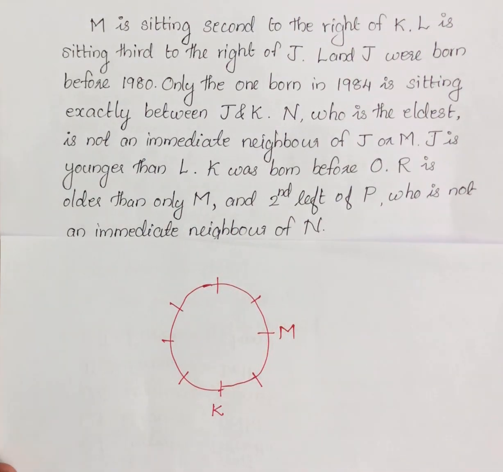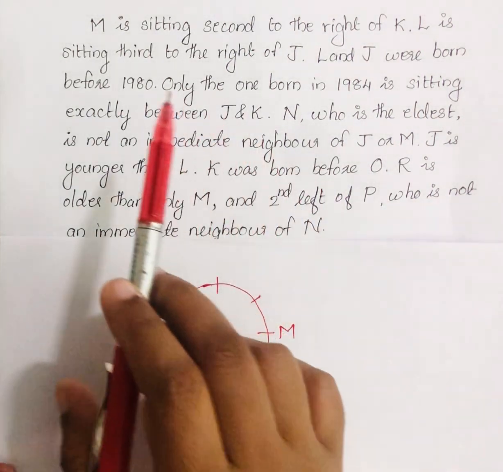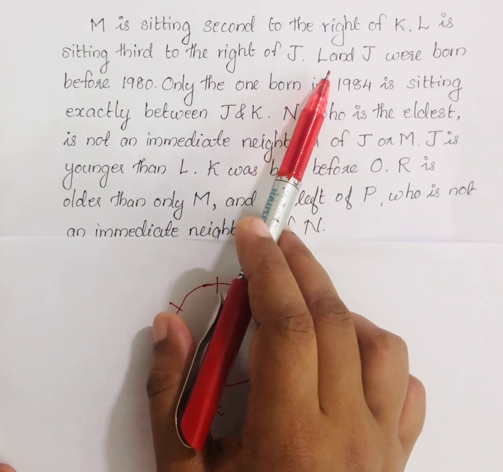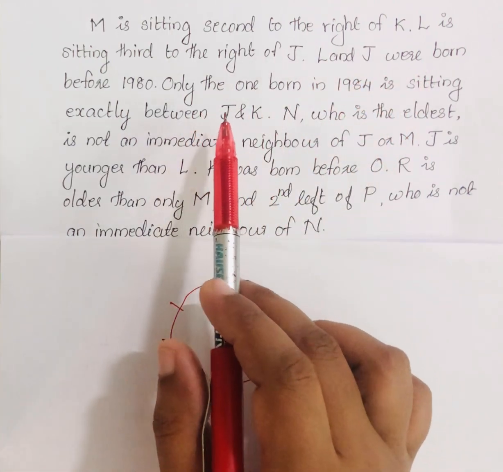Then the second condition is given: L is sitting third to the right of J. Then L and J were born before 1980.